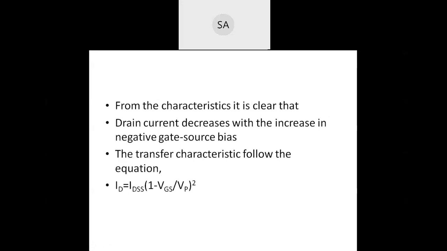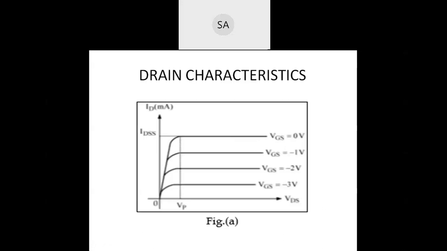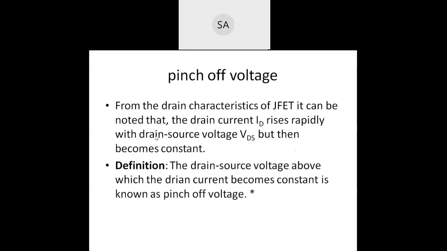That is the maximum current. This is the first, topmost curve in the characteristics: when VGS is equal to 0, the drain current is equal to IDSS, the maximum drain to source current.